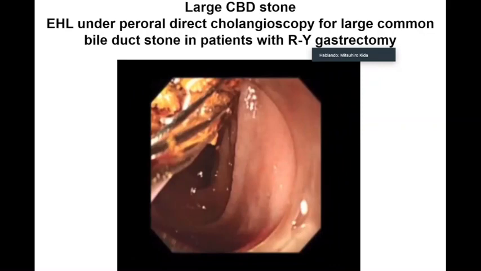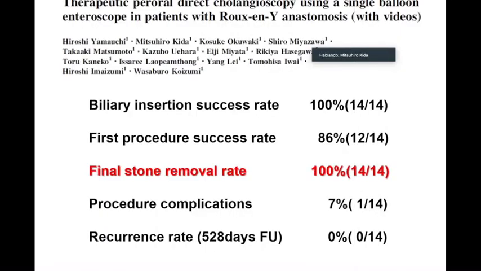But for benign conditions such as stones and stenosis of the hepaticojejunostomy, in this situation, I believe small bowel endoscopy is much better than EUS. Finally, we tried this technique in 14 cases. All the cases could be treated in one session.